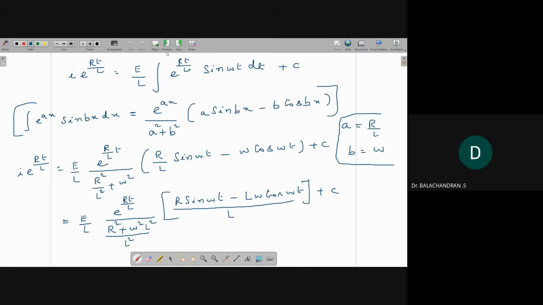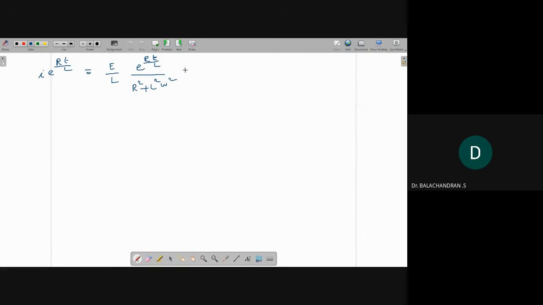The remaining is R into sin omega t minus omega L into cos omega t, plus C. I think I wrote everything. I think I should not write L here, because L square gets cancelled. So we should write only E.